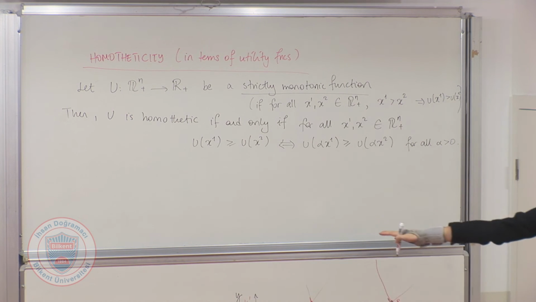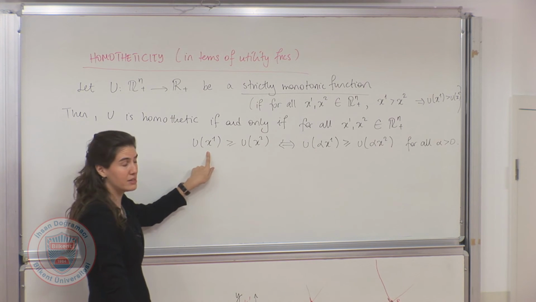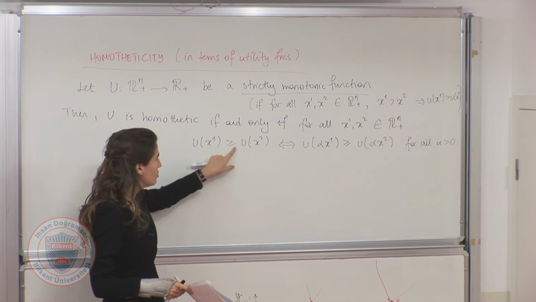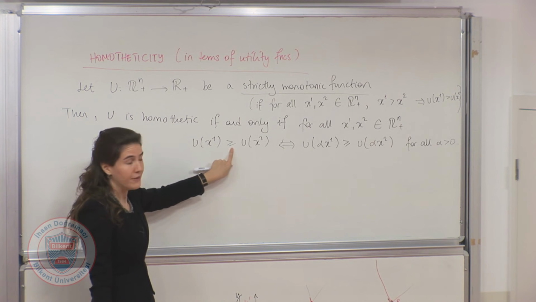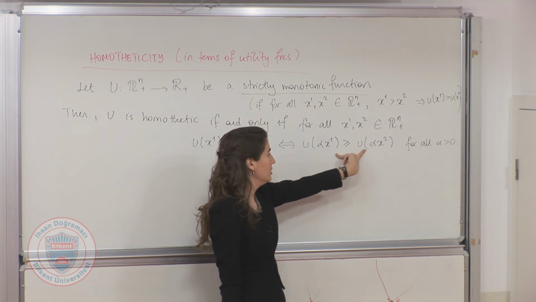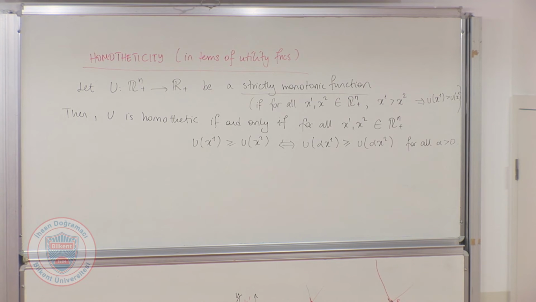This is exactly what we said, represented in terms of utility functions, in terms of preferences. Basically, you have two bundles. Here this also includes indifference, right? For instance, if they give the same utility, then when you multiply them by alpha, they should also give the same utility.